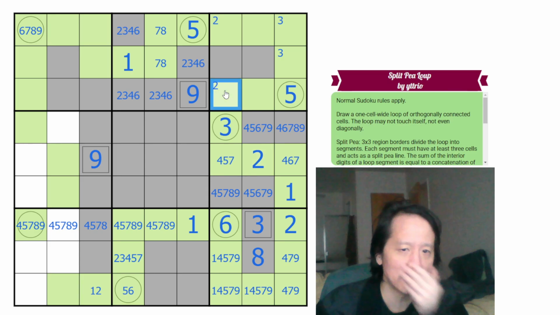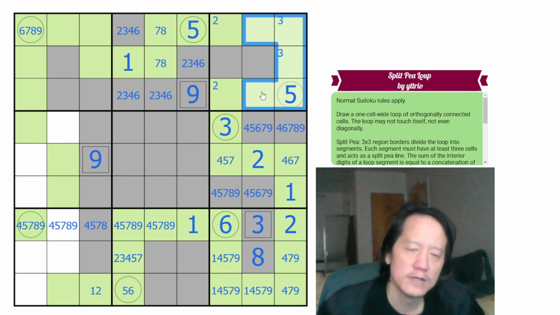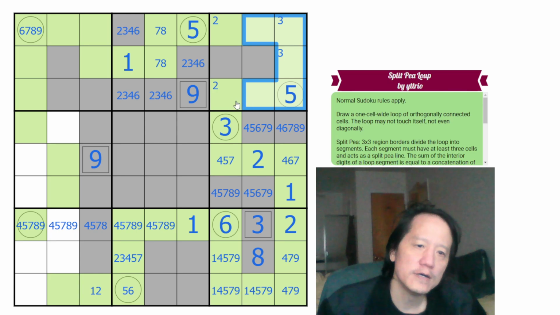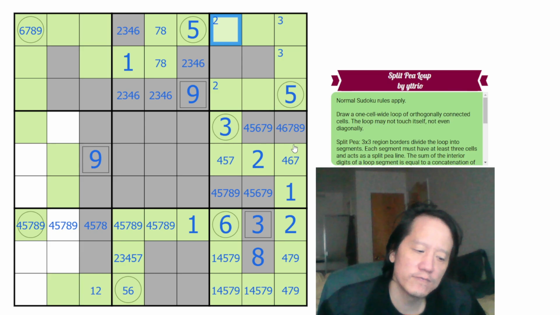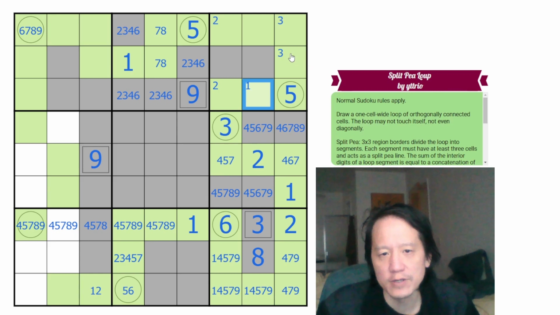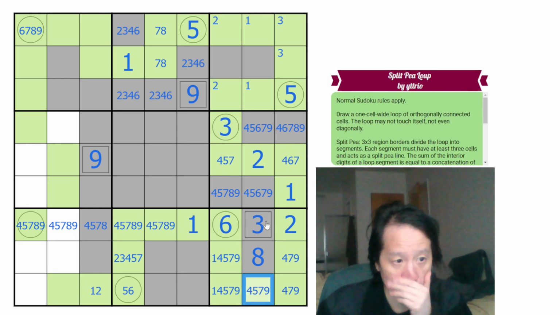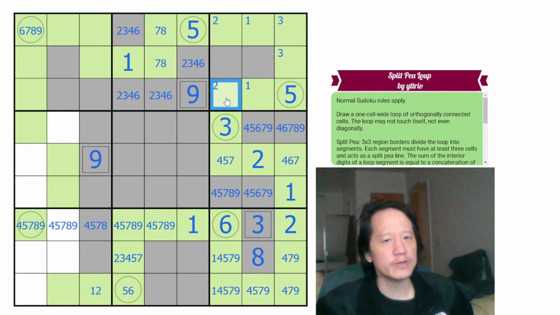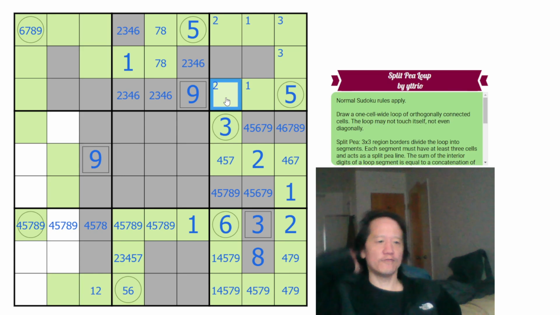Can it be 21? If this is 21, that would be plus 2 plus 1. 21 plus 3 is 24. And you have 2 digits equaling 45 minus 24, which would be 21. No, so 1 does have to be here. So this cannot be 1. What can it be? Can't be 23 anymore. Can it be 24?